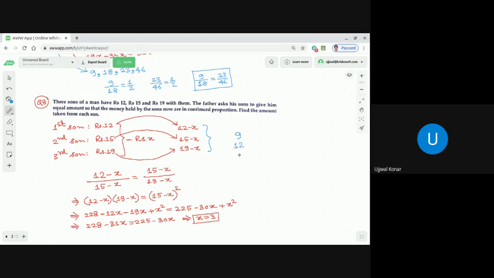And 19 minus 3, that is 16. Now 9 and 16, if you multiply, that is equal to 144. And 12 is nothing but the square root of 144. Correct or not? In that way, you can cross verify. Absolutely clear.